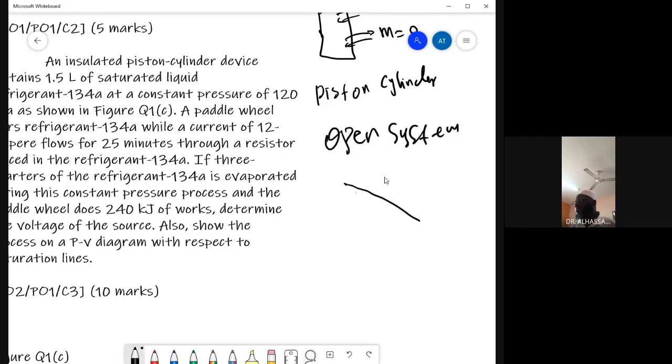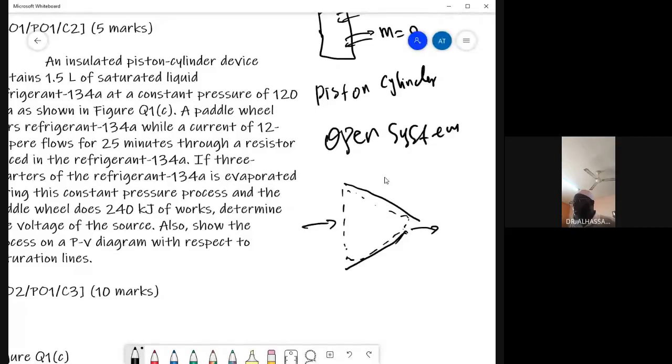I think a nozzle is better. So this is a nozzle, and this is the boundary of the nozzle. This allows fluid to flow in and out. So it means mass can enter, heat energy can also enter, for the open system.